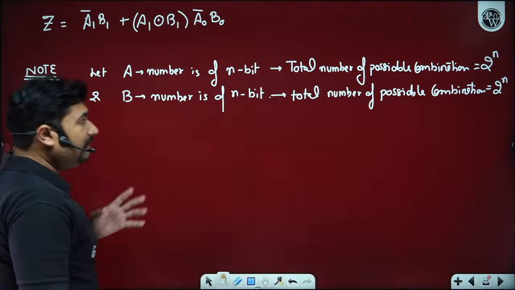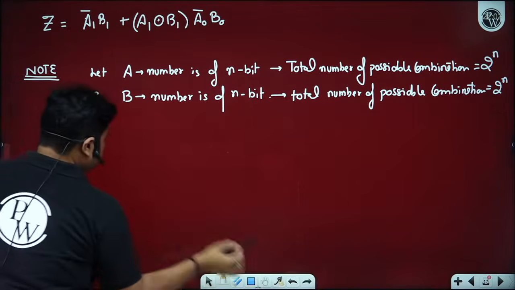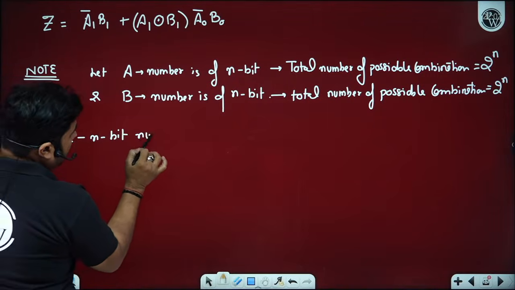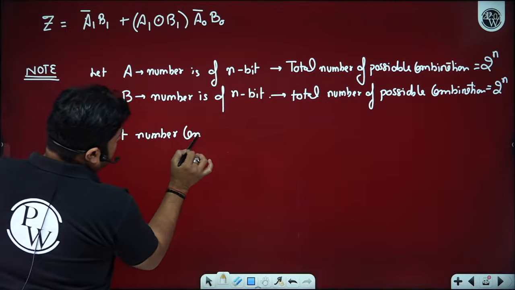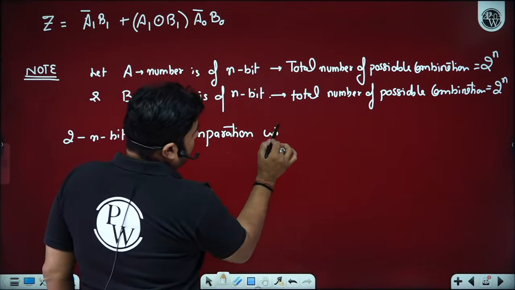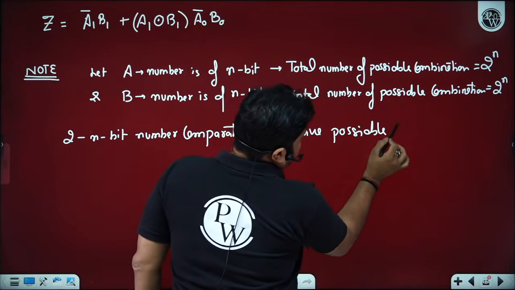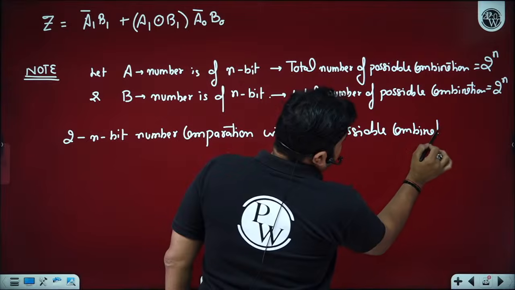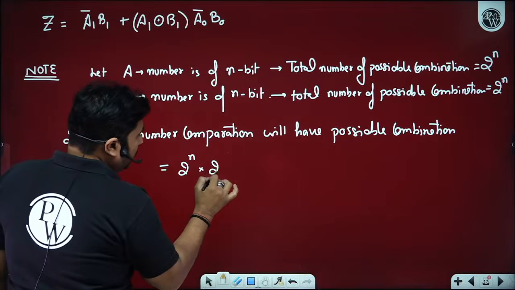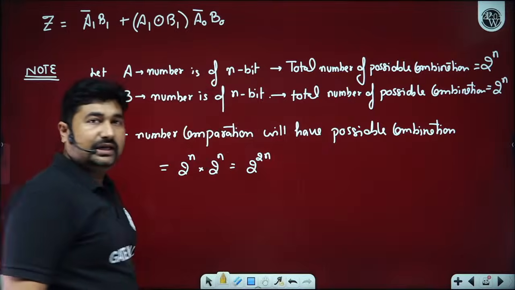So if we have A and B, an n-bit number comparator will have how many possible combinations? 2 to the power n into 2 to the power n, that is 2 to the power 2n combinations possible. Is it okay? Yes, sir.